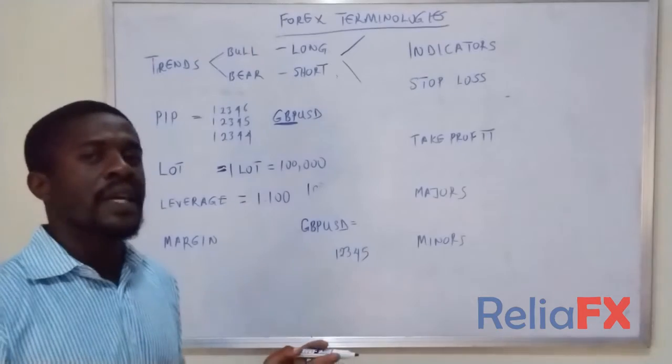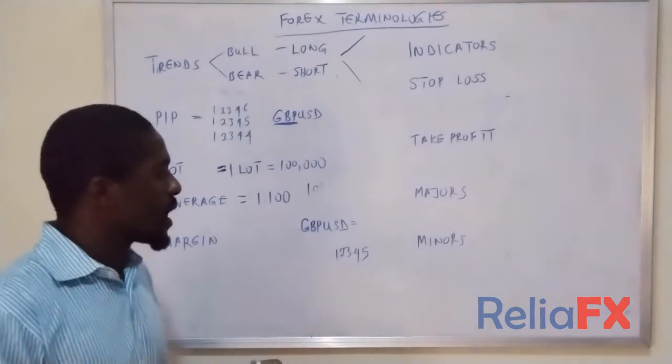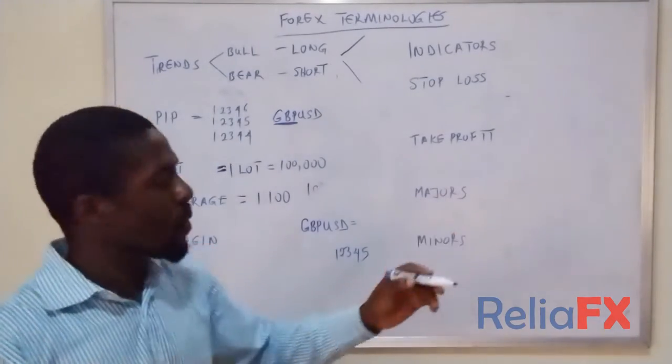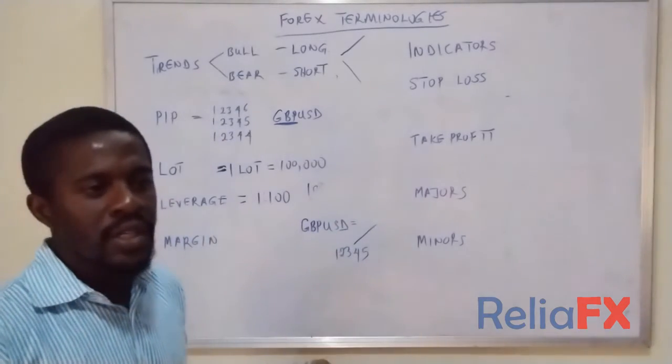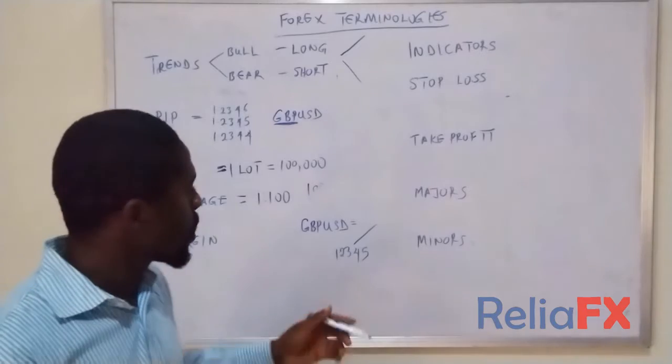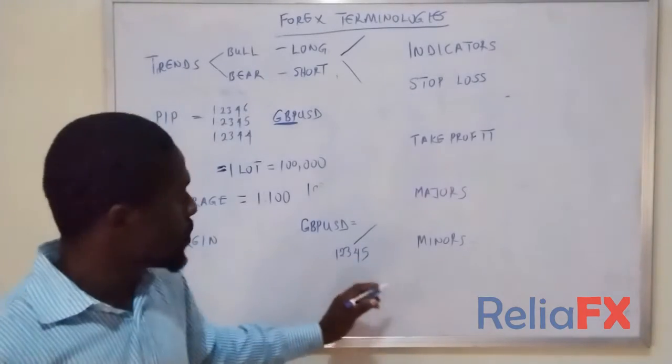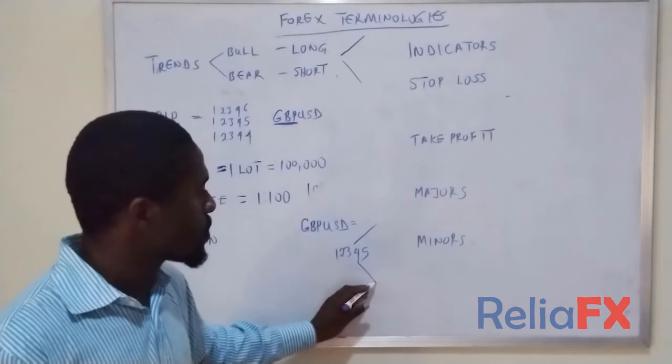Let's assume that I use my indicators, analyze the market, and expect the market to go up, so I want to buy. But for some reason, my analysis is wrong, and instead of the market going up, the market is coming down.